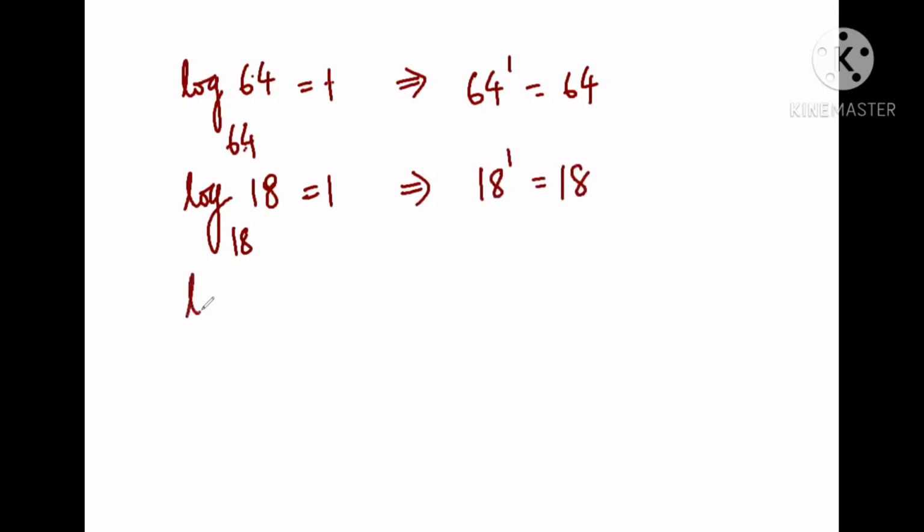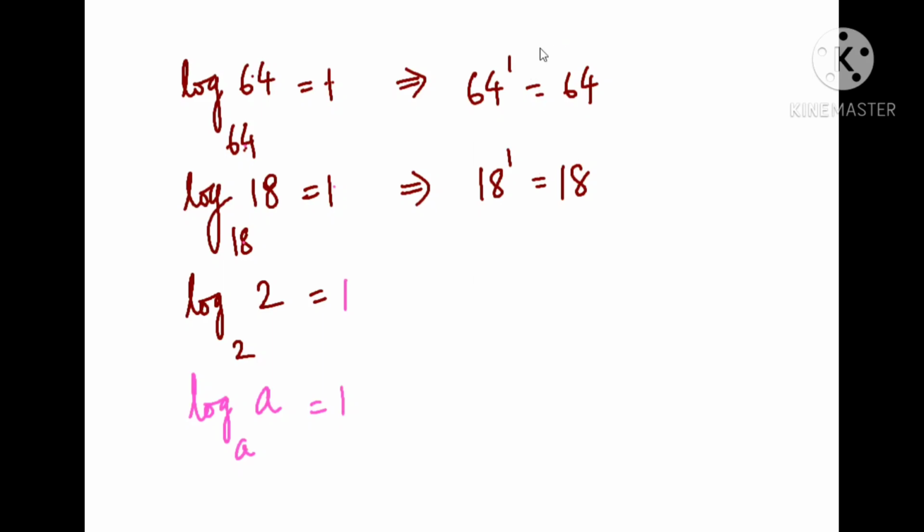Therefore, logarithm of 2 base 2, how much? 2 should be raised to 1 to get 2. From this we can conclude that logarithm of any number with the same base is 1.